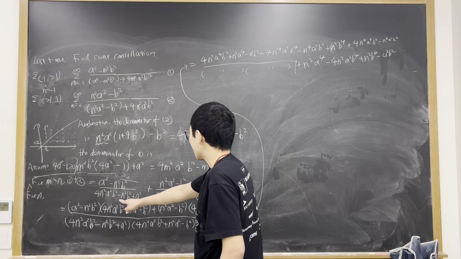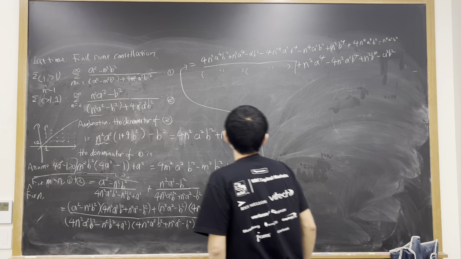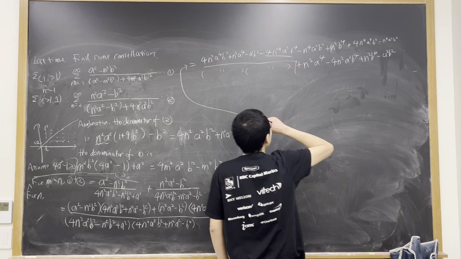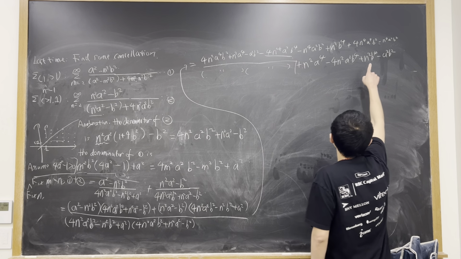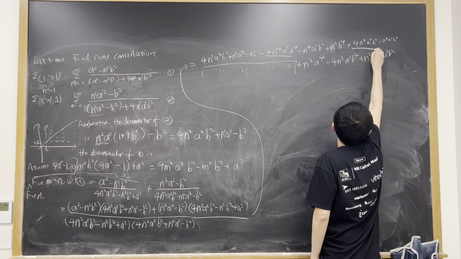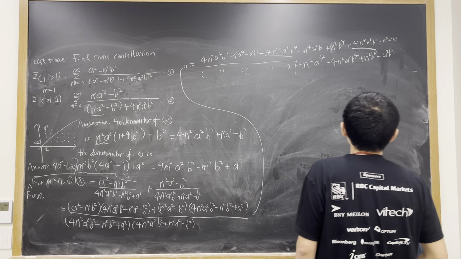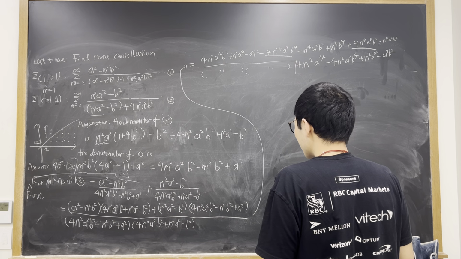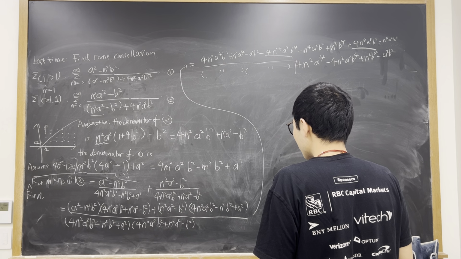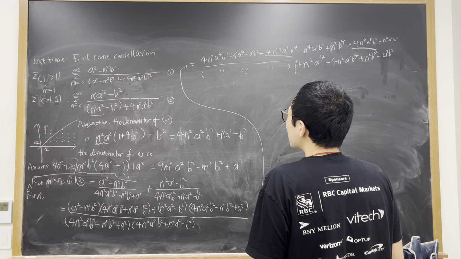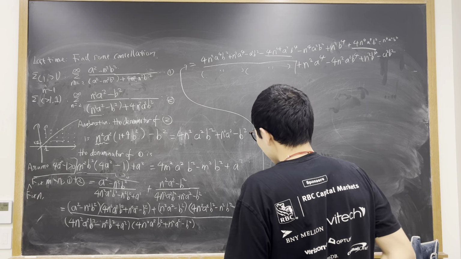So n squared b squared. So here this term, and also I should have this term, right? Oh, okay.